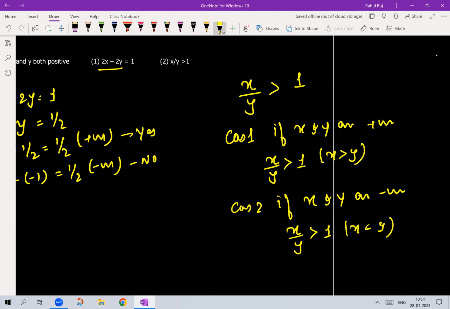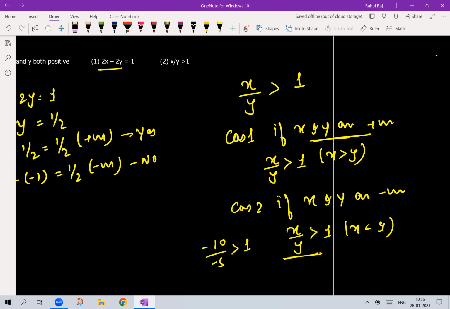If X and Y are positive, a fraction would be greater than 1 when the numerator is greater than the denominator. When X and Y are negative, a fraction X over Y would be greater than 1 when the numerator is less than the denominator, because minus 10 by minus 5 is greater than 1, and minus 10 is less than minus 5. Simple logic.